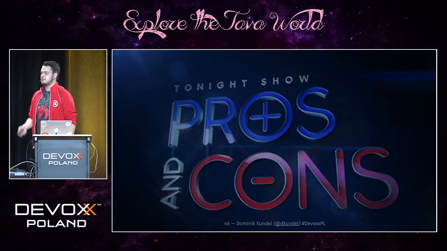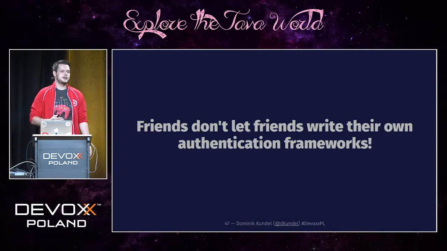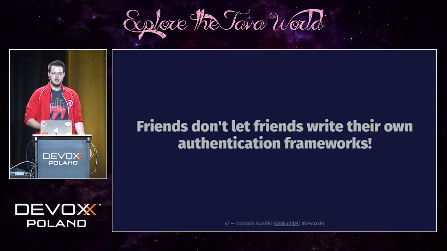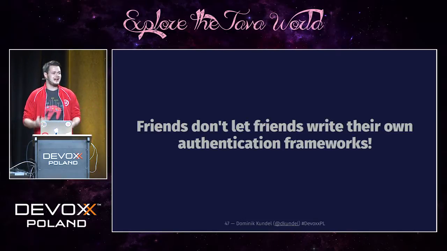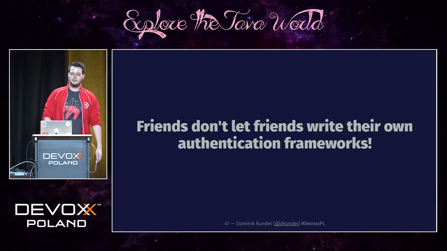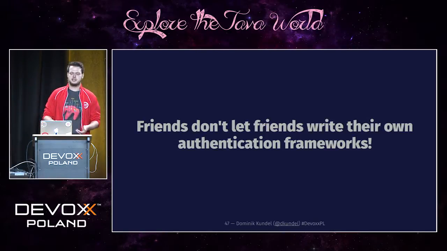So the question is, can it be better? And you might know the following sentence, and that's: friends don't let friends write their own authentication frameworks. Because the best way to handle security is to let people that know about security actually deal with it. I'm a Node.js developer, so I would use Passport, but there is, I think, Spring Security and a project from Apache.